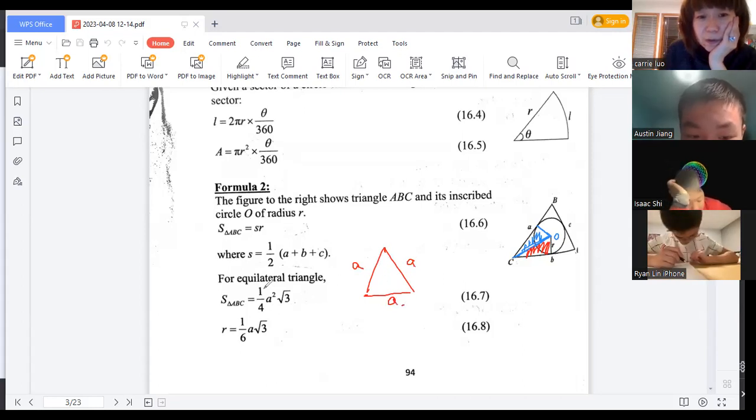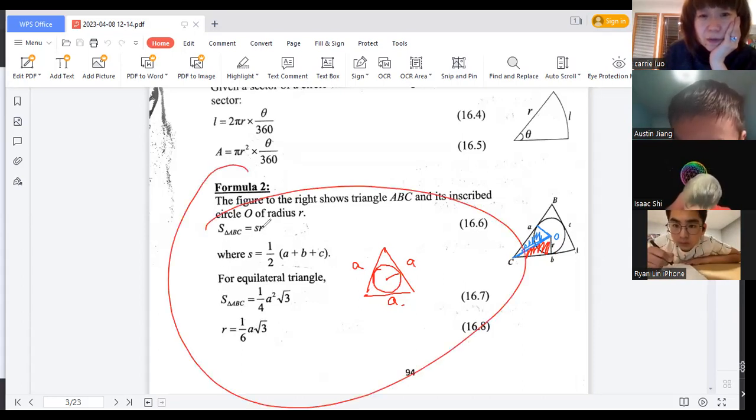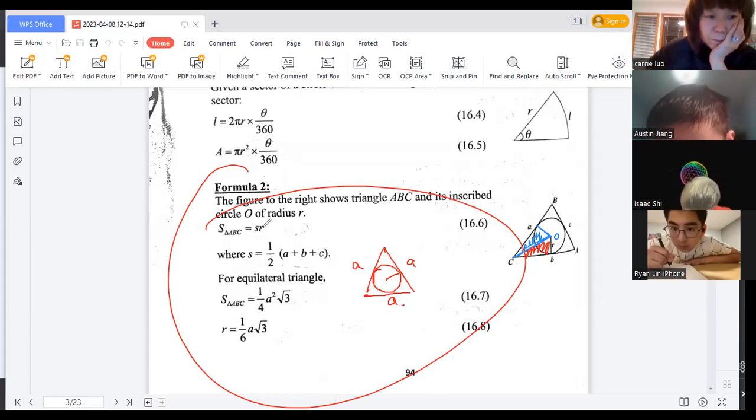The area equals 1/4 times A squared times square root 3. And the radius, with a circle inscribed inside, equals 1/6 A times square root 3. This one is very important, a lot of questions are based on it.